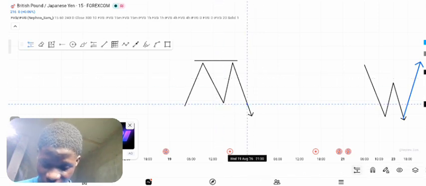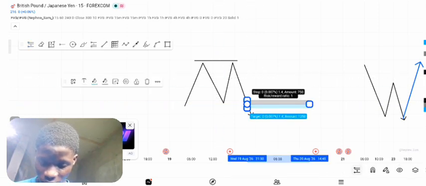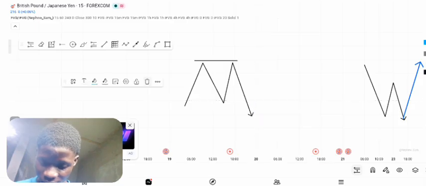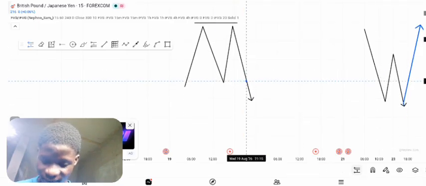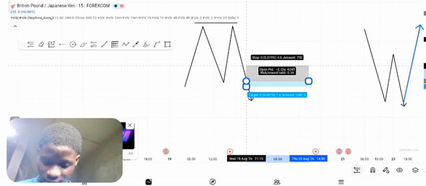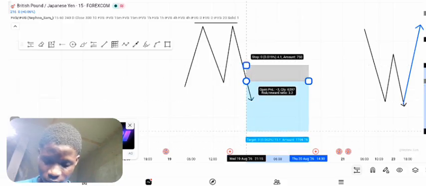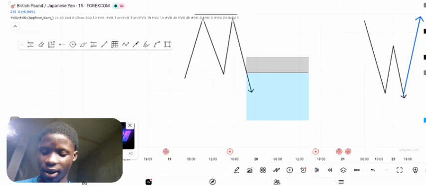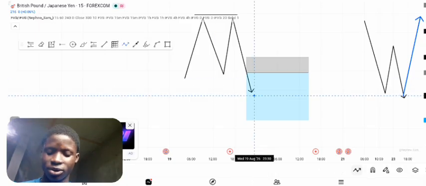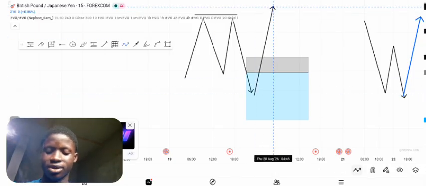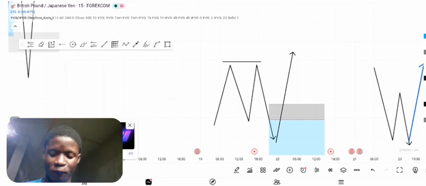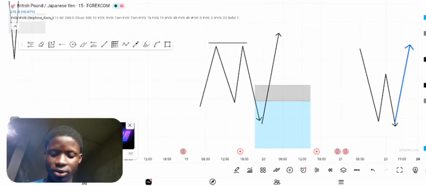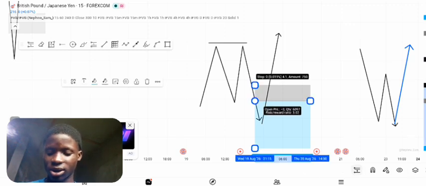They will place their trade here because they see the price, and they just enter from this place, and then price just comes back and hits their stop loss.